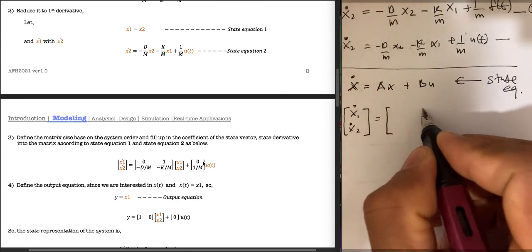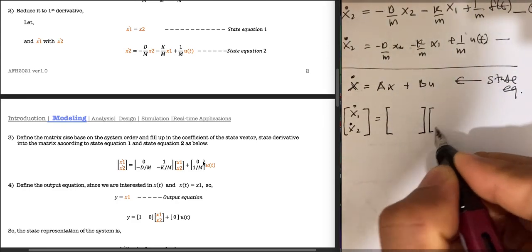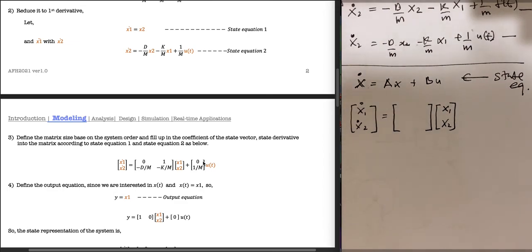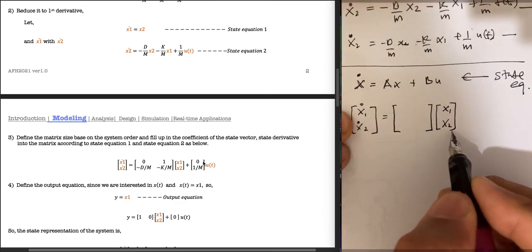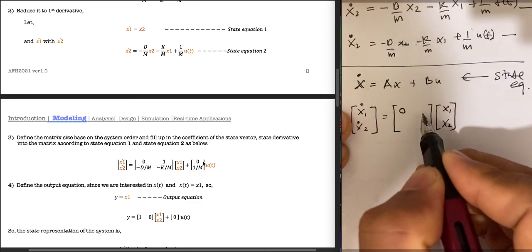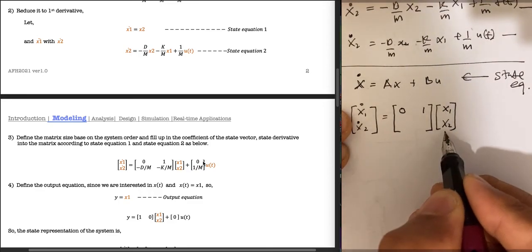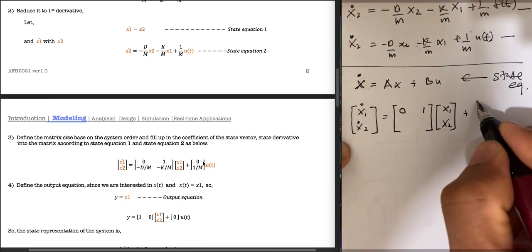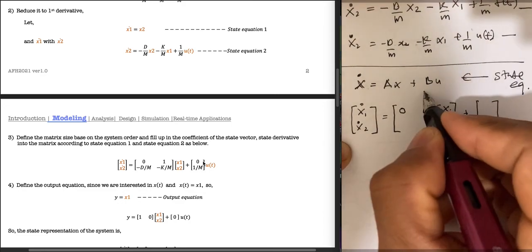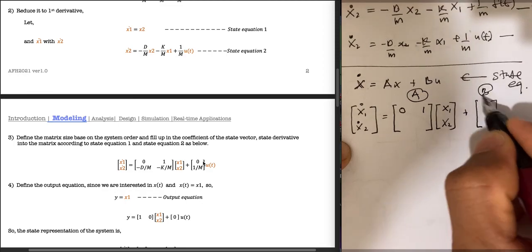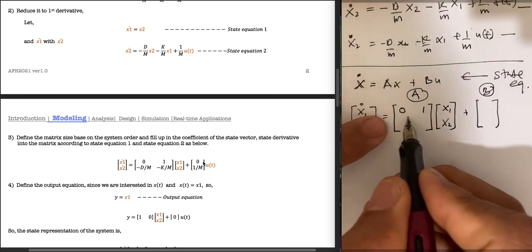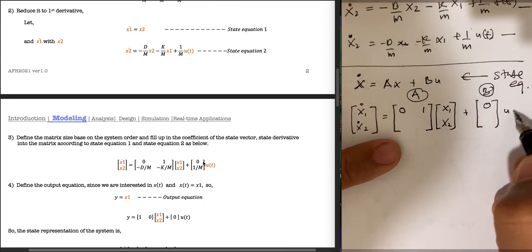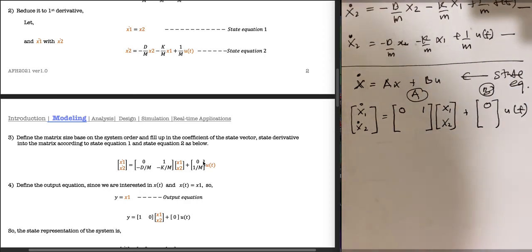So this is the x1, x2 state vector. Since x1 dot is equal to x2, we have 0 here, 1 here, right? Then plus the B matrix. This is A, this is B. Because x1 dot is purely equal to x2, there's no component of input, we put 0 here. This is u of t, right.